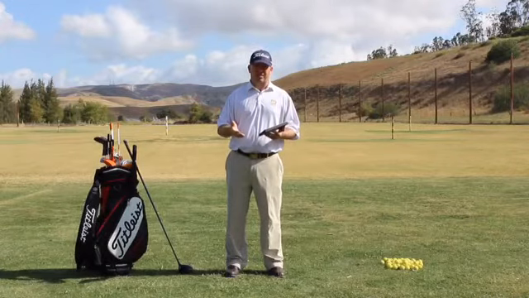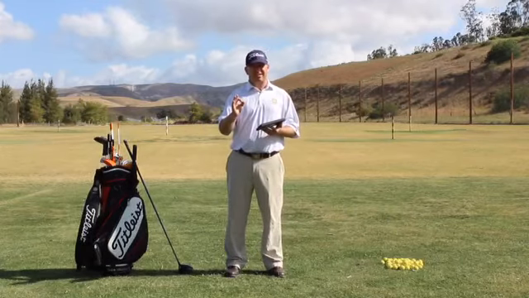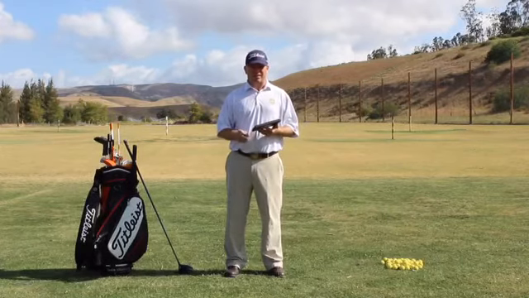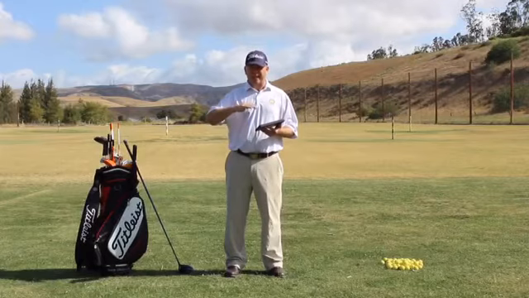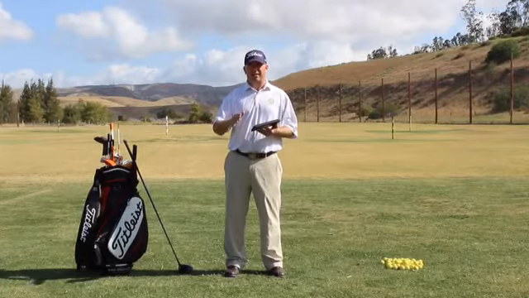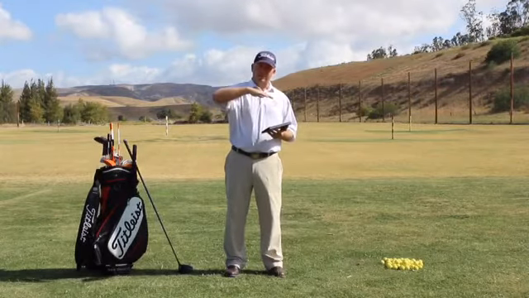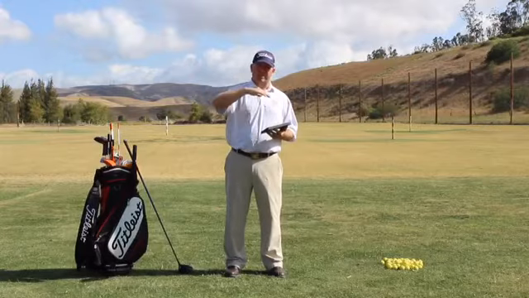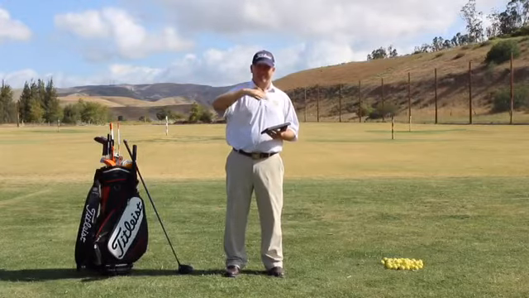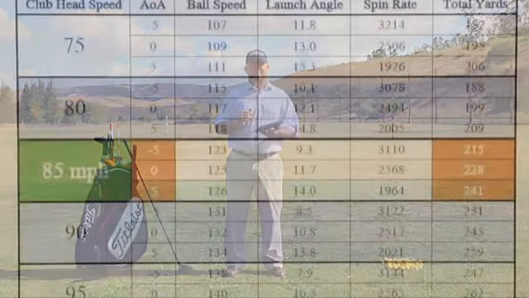Big, big difference. Now, it's not quite as huge of a difference, but it is definitely important to take a look at. We can optimize your driver based on your angle of attack. So let's look at a few sample numbers to say what's the optimum trajectory and spin rate for hitting down, for hitting flat, and for hitting up on the ball.